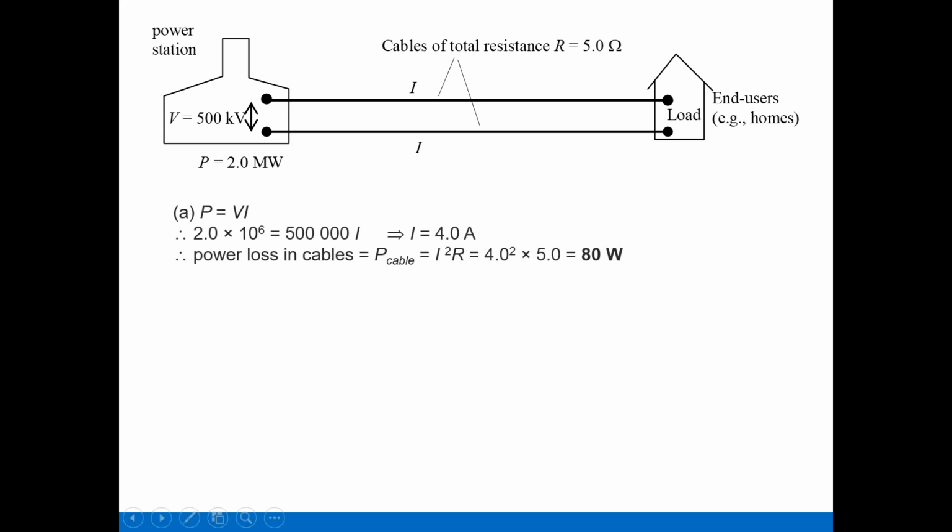So first, if your power is 2.0 megawatts and your voltage is 500 kilovolts, which is pretty high, the current will be 4 amperes, using P equals VI. Then the power loss using P equals I squared R will be 4 squared times 5 equals 80 watts.